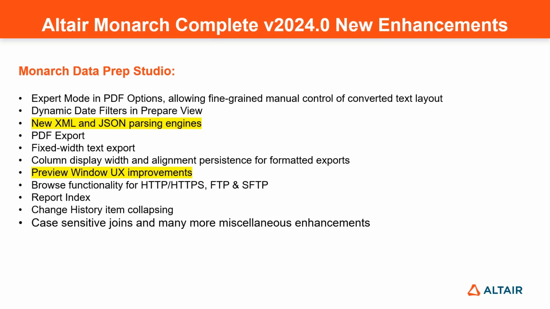In the previous version, it took a long time to load the JSON, and if the customer needed to create a formula field or calculated field for the JSON, the response time was quite slow. But in this new version, if you're working with a large JSON file or XML file, the parsing is much improved and the response time is a lot better.